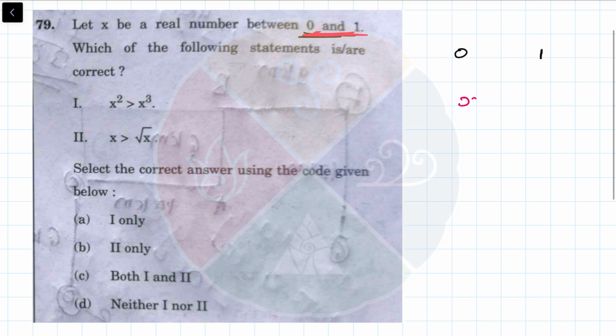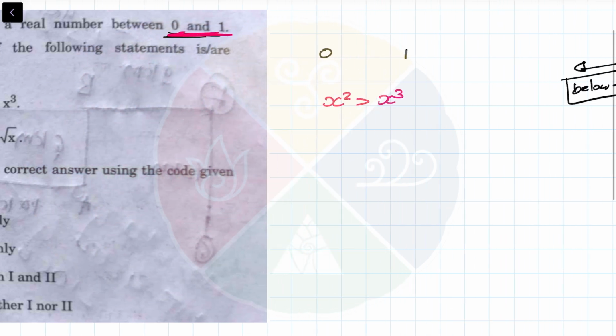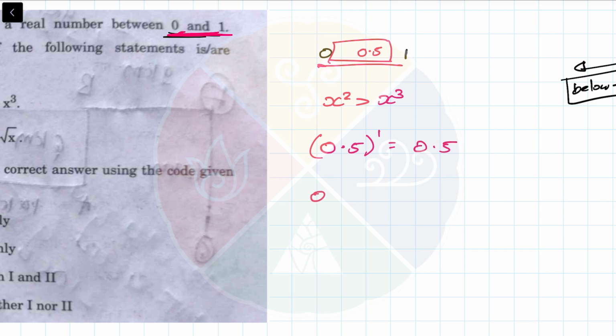Now they are saying x squared is greater than x cubed. Actually, that is true. If you have a doubt, you can simply take a number like 0.5, which is in this group, and the entire group between 0 and 1 behaves in the same way. 0.5 raised to 1 is simply 0.5, of course.